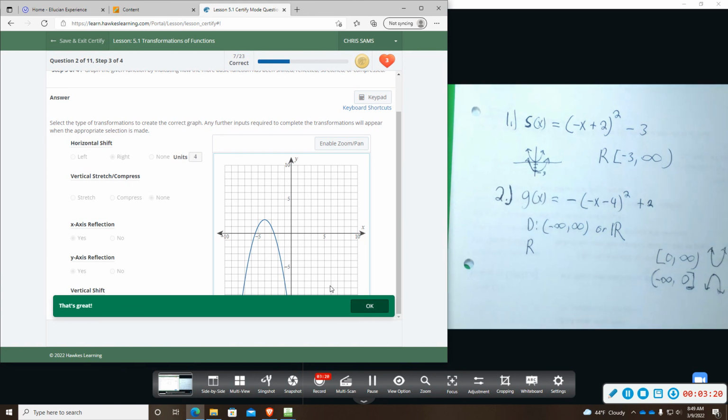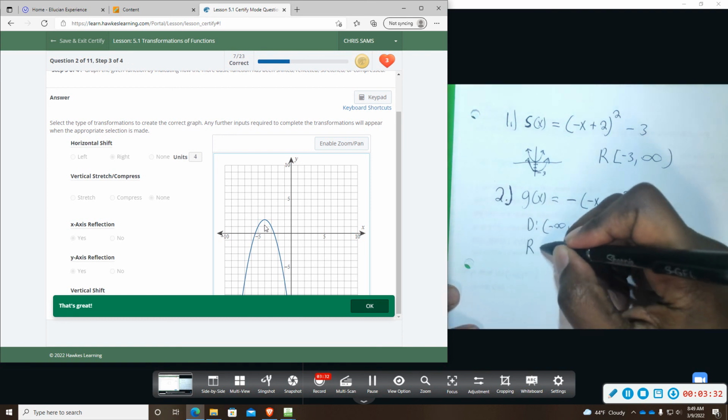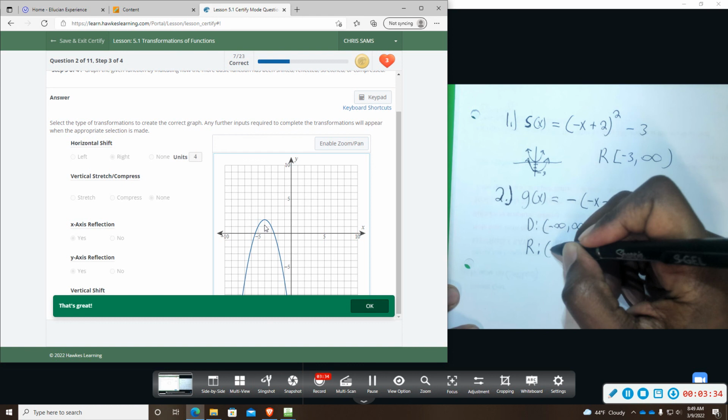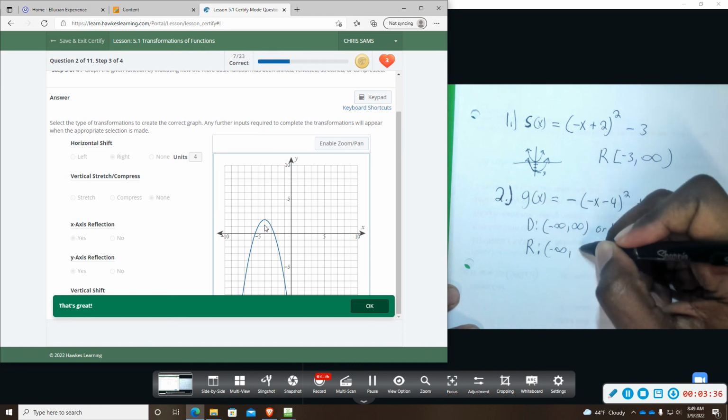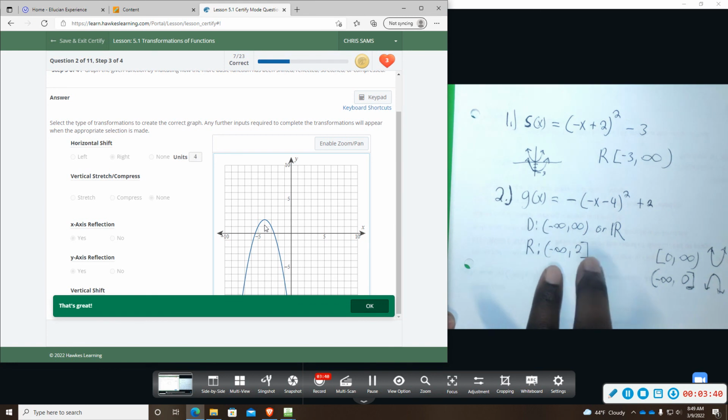However, we also had a vertical shift. This 2 is going to change my endpoint. So our graph went up 2 units, and then it's going from -infinity up to 2. So our range in this case is going to be from -infinity to 2. And you have to be sure to put it in that order. If you put it 2 to -infinity, it's going to be wrong because it has to go from smallest to largest.